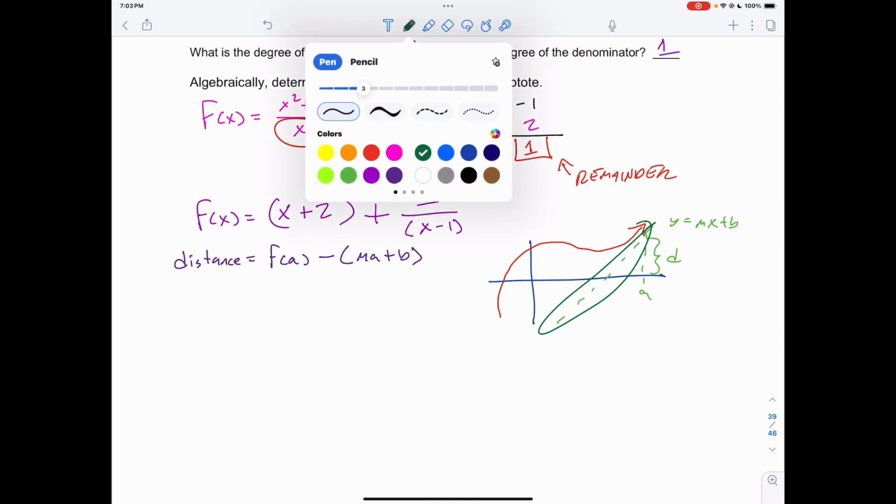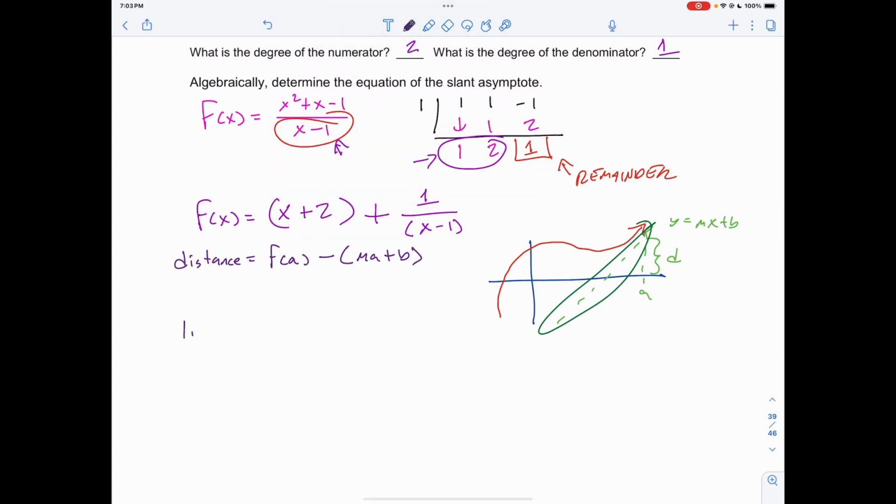So the way that we put that is we say the limit as x approaches infinity for my function minus my slant asymptote is going to approach 0.